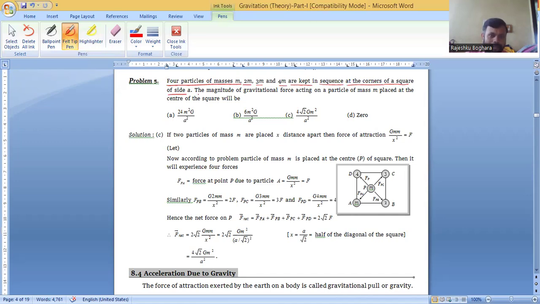The magnitude of the gravitational force acting on a particle of mass m placed at the center of the square will be... A, B, C, D. Mass here m, here 2m, here 3m, here 4m. The magnitude of gravitational force acting on a particle of mass m placed at the center of the square.